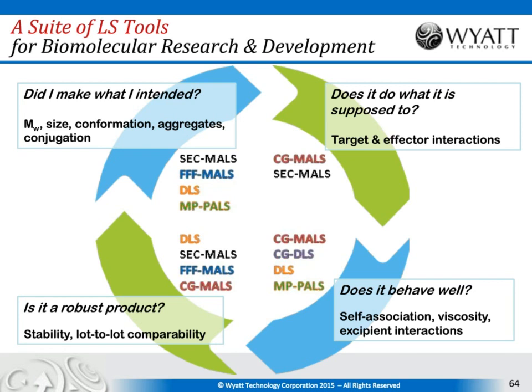Now, how much material do you require for CG-MALS, and how does it compare to ITC or SPR? So any type of interaction measurement, you're going to work approximately at the concentration around KD. And so the concentrations and total amount of material that we're using depends on the KD that you're measuring. So what I'd like to do is estimate the amount that you need for a given KD.